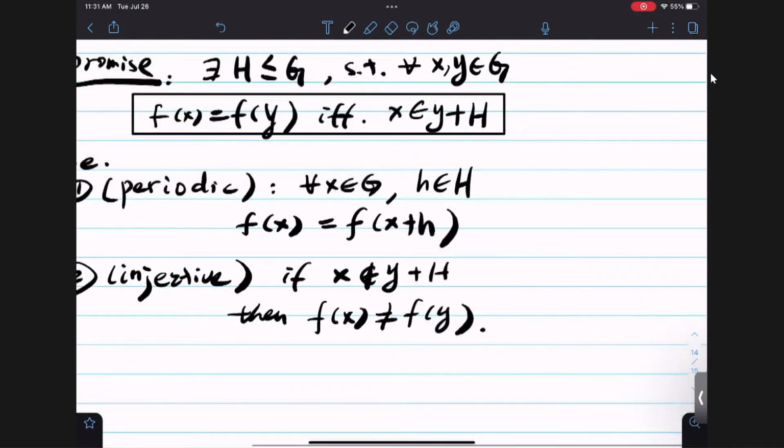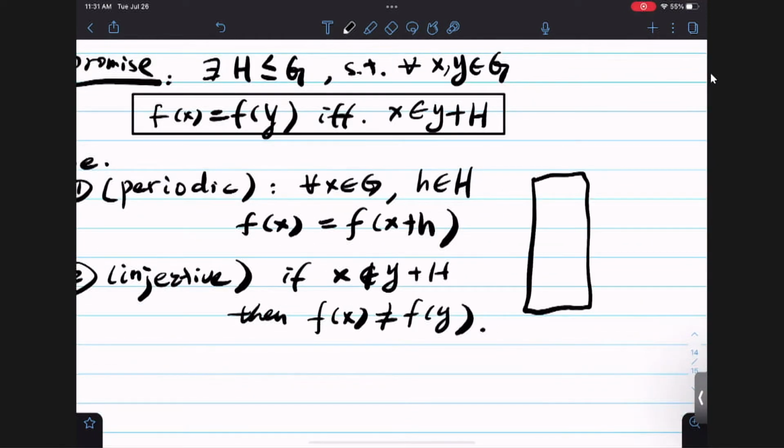Okay, so pictorially, we can partition the group G into cosets of H. So here's H, here's G1, the coset G1. And then each coset will be mapped to the same function value. So I'm going to use some symbol to represent that.